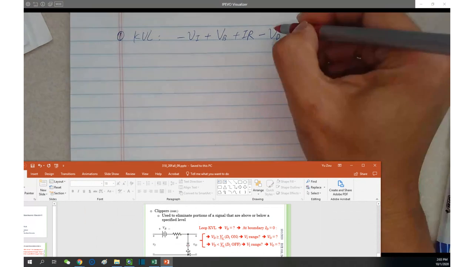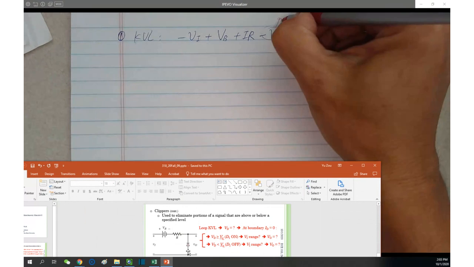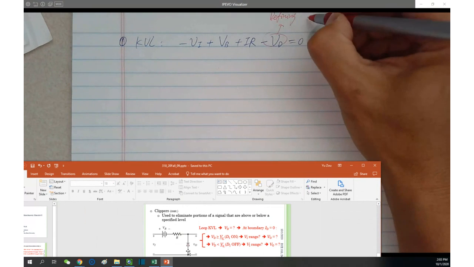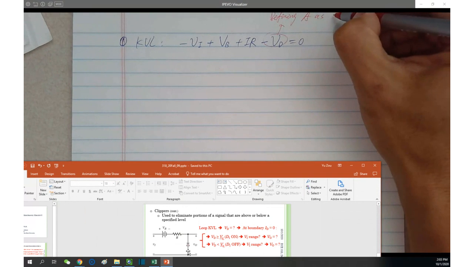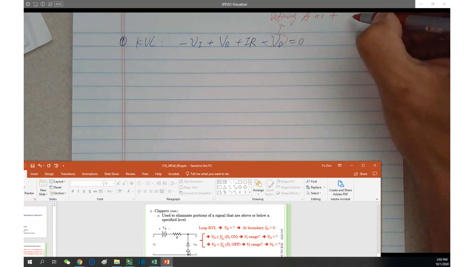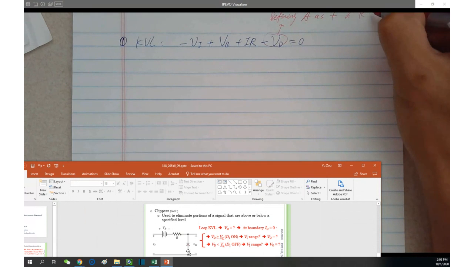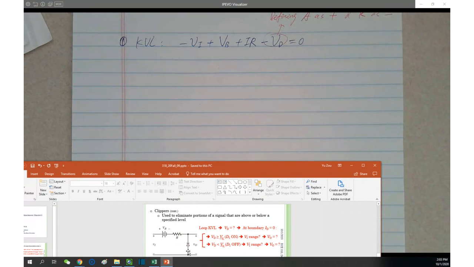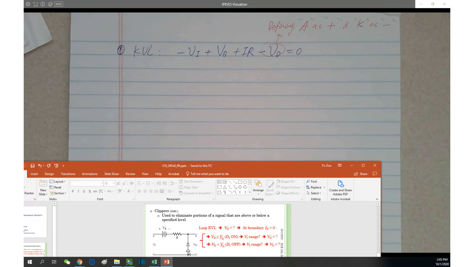Okay, very, very critical. When you define the anode as positive, cathode as negative. By the way, anode is represented by letter A. Cathode is represented by letter K. I don't know why, because cathode begins with letter C, right?